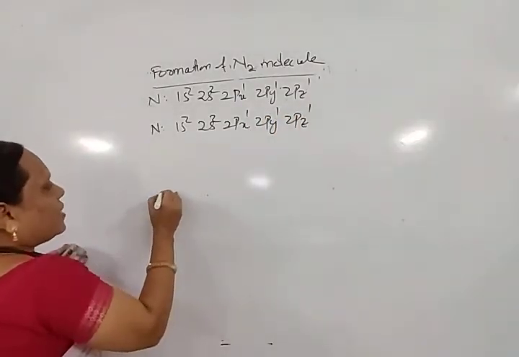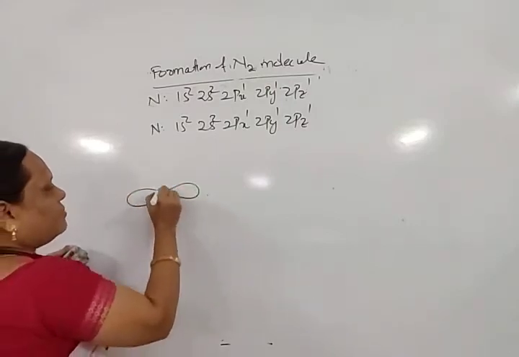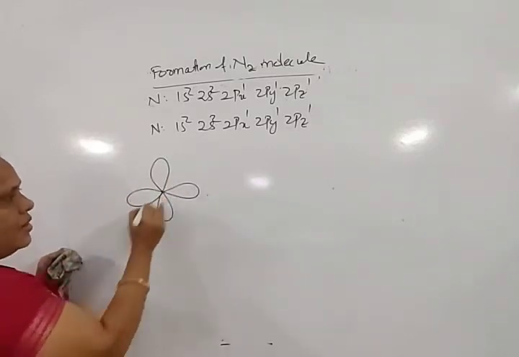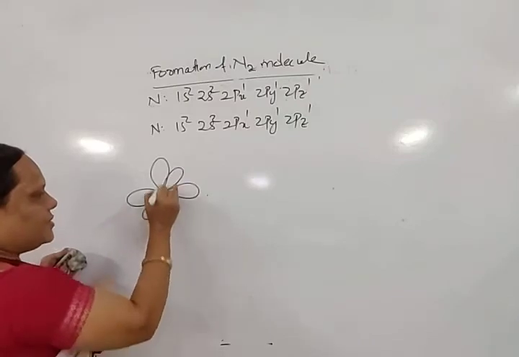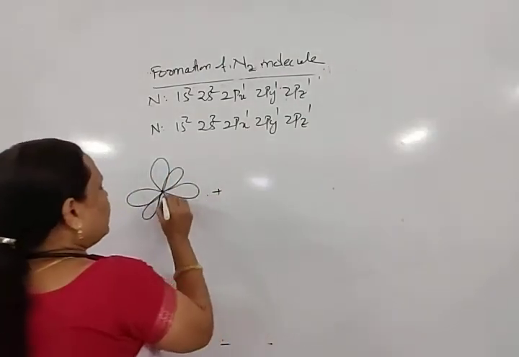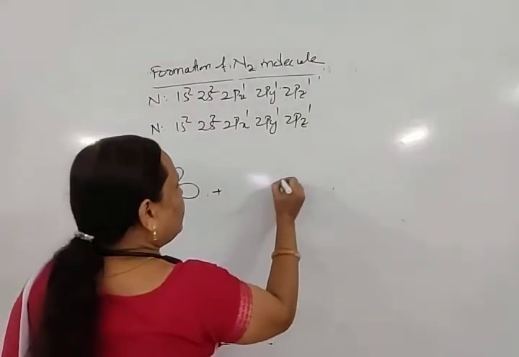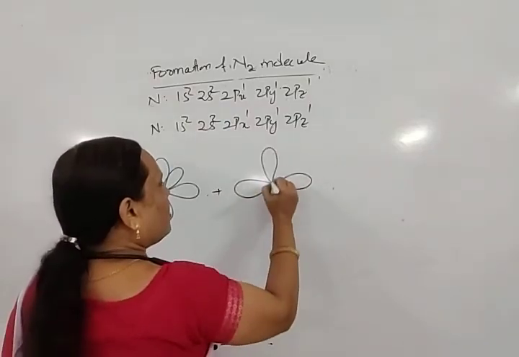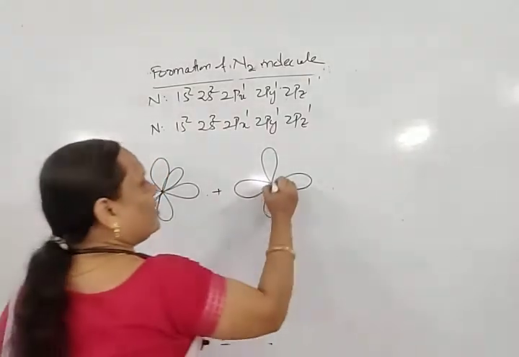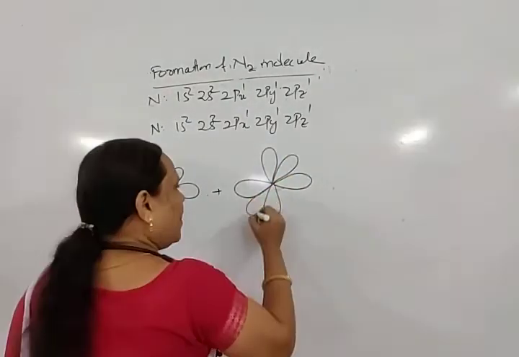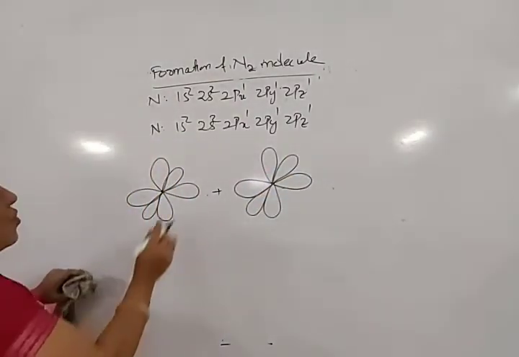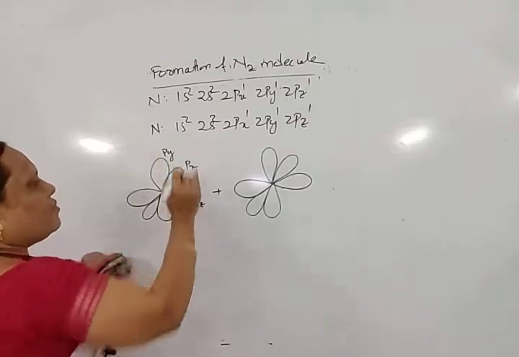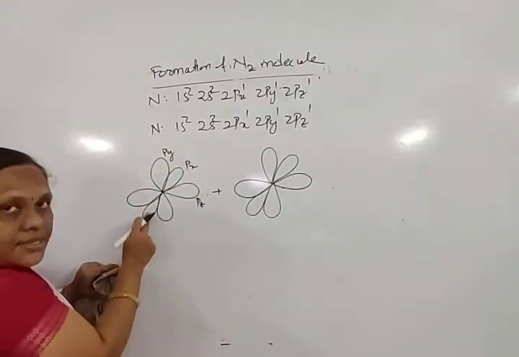Now this z orbital of one atom, this is the y orbital, and another remains here, that I am writing like this, okay, plus this is of one nitrogen atom and this is of another nitrogen atom. This is pz orbital, py orbital and px orbital. Okay, now overlapping of this is pz, px, py. It remains above and this remains below the plane.